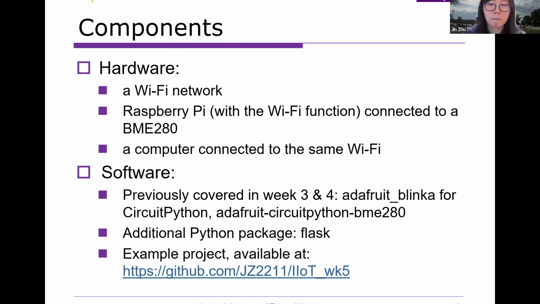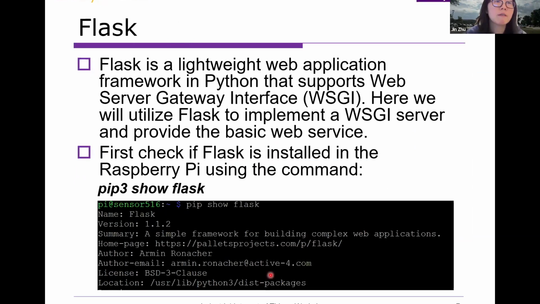Let's look at the first thing: what is Flask? Flask is a lightweight web application framework in Python that supports the Web Server Gateway Interface, or WSGI. There are many web server software packages available, and some popular ones you've probably heard of are Apache, Nginx, or Cloudflare.